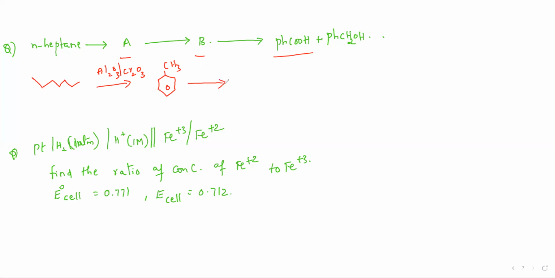This is a hydrocarbon chapter question. When this reacts with the chromyl chloride test, which is CrO2Cl2 and CS2, or H3O plus, you will get benzaldehyde, which is also called Etard's reaction. This can be converted further by the Cannizzaro reaction whenever we supply 50% NaOH or a strong alkaline medium.